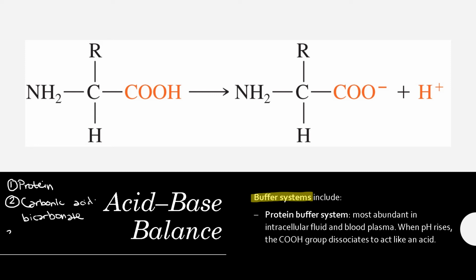And then the third one is called the phosphate buffer system. So these are going to be the three buffer systems that we will discuss in the next couple slides.